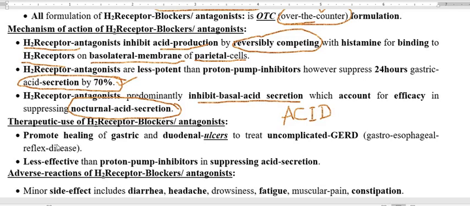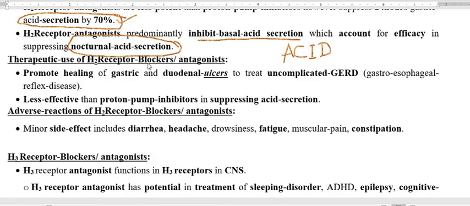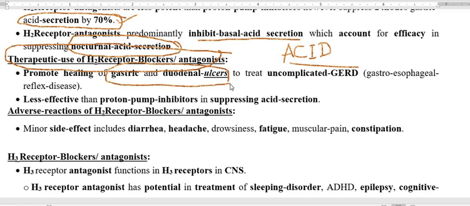Now we have to go through the therapeutic use of H2 receptor blockers or antagonists. These drugs are used as anti-acids and for ulcers, either in the duodenum or in the stomach. Gastroesophageal reflux disease is also going to be checked by this drug.